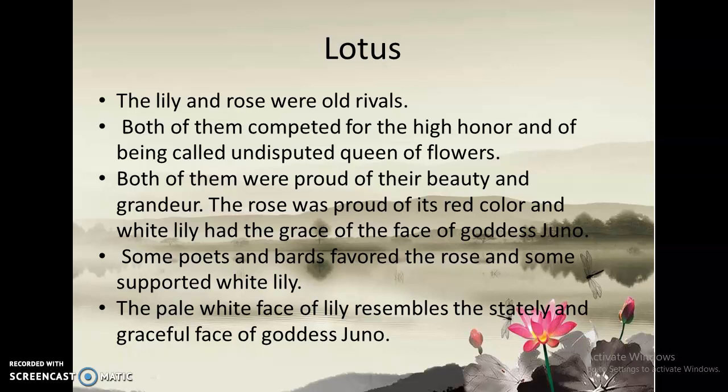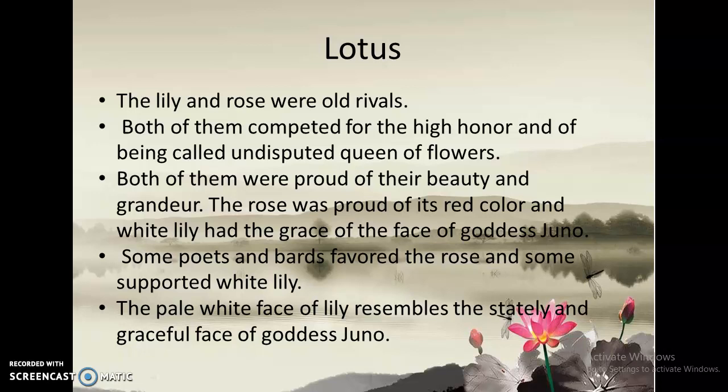In this poem, Toru Dutt compares the beauty of Lily with the beautiful face of goddess Juno. And Juno is the wife of Cupid. Some poets and bards favored the rose, and some supported white lily.